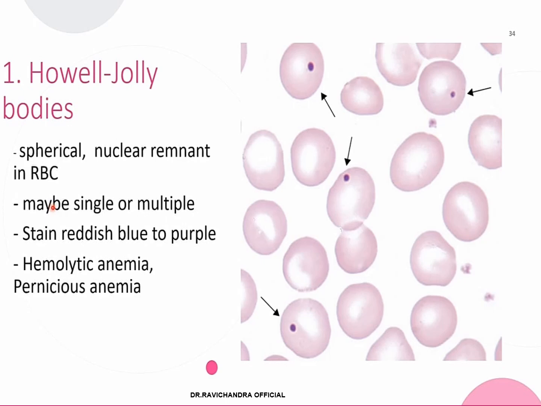Howell-Jolly bodies are spherical and they are nuclear remnants in red blood cells. They may be single or multiple and stain reddish blue to purple. Howell-Jolly bodies are seen in hemolytic anemias and pernicious anemias.